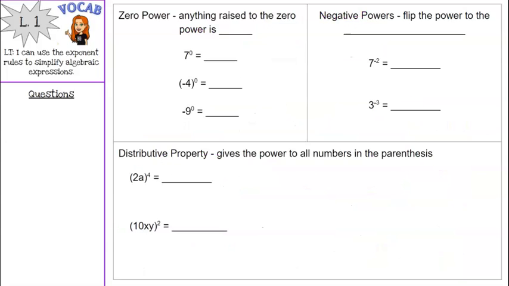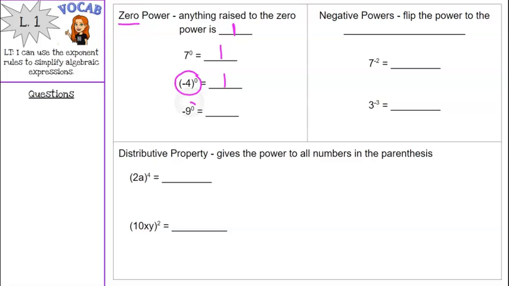Couple more reminders from last class's exploration. We have the 0 power. Anything raised to the 0 power is 1. 7 to the 0 power is 1. Now, when we work with negatives, this is when it can be a little bit tricky. If the negative is in the parentheses, it will come out to a positive 1 for the 0 power.